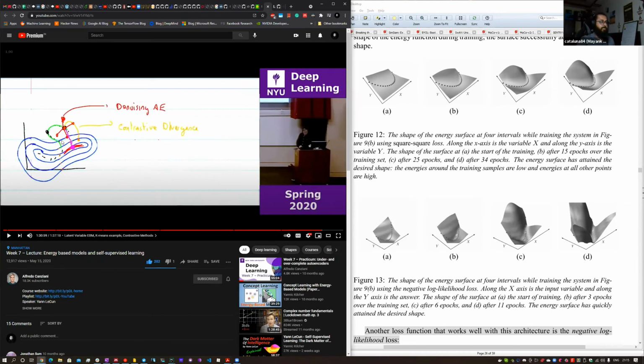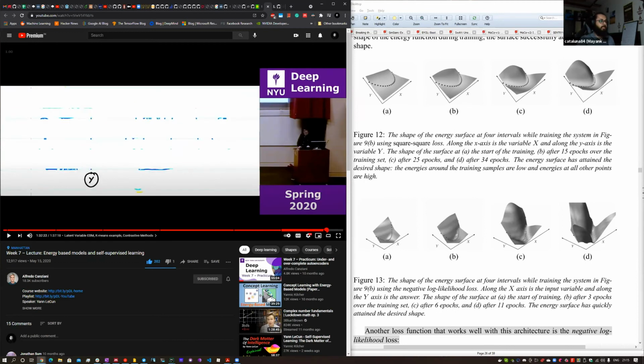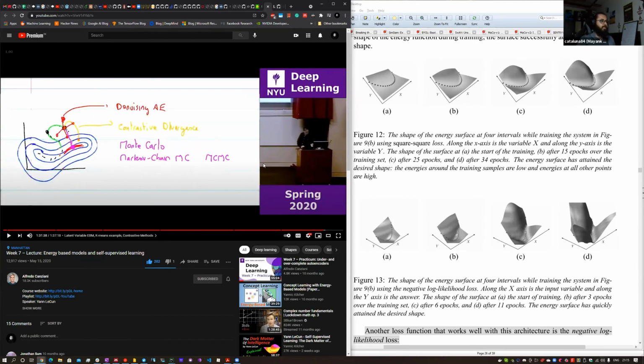The red ones were the denoising autoencoders. The yellow ones were the contrastive. There were two other things: Monte Carlo and the MCMCs and the Hamiltonian too. This was kind of cool in the figures.